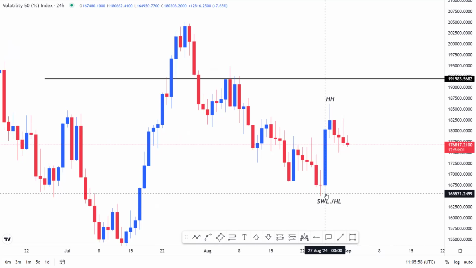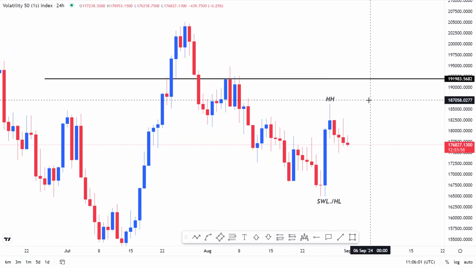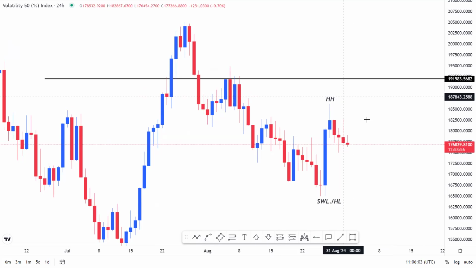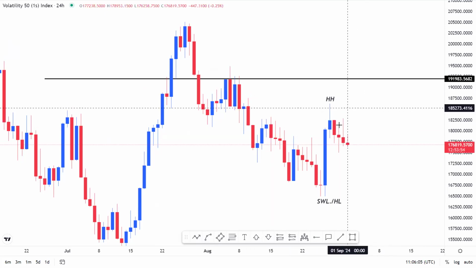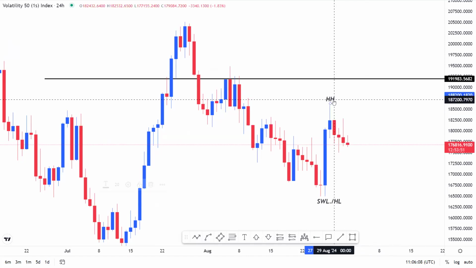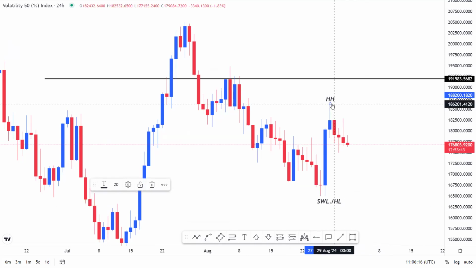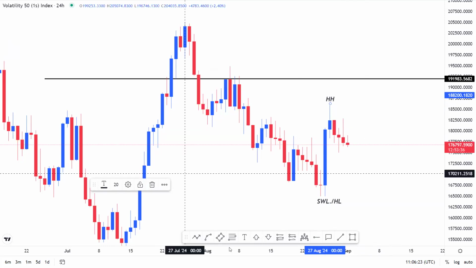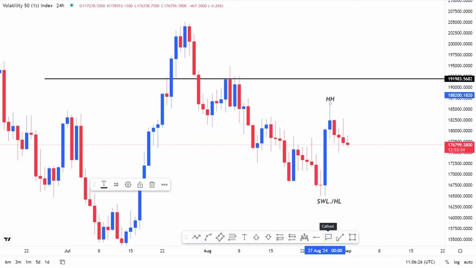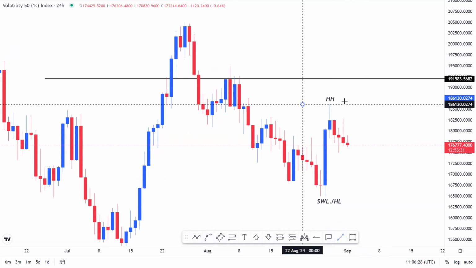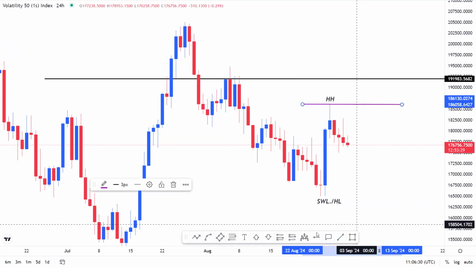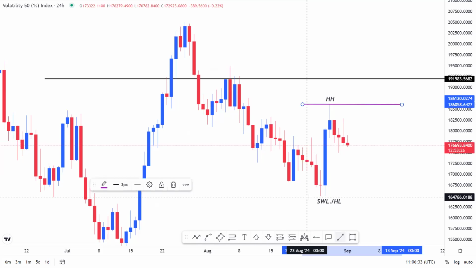Clearly, having established the market structure to the upside in a bullish condition, an uptrending market, we have the most recent swing high, the higher high, and then the swing lows that led us to this higher high. Having said that, I'm only looking for areas of interest within a price range, that would be within the current higher high and this swing low.